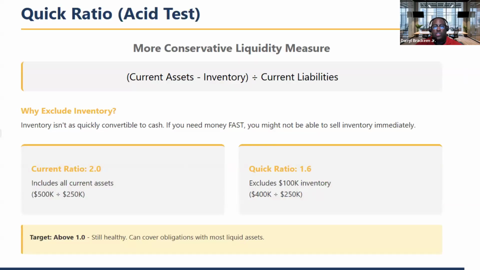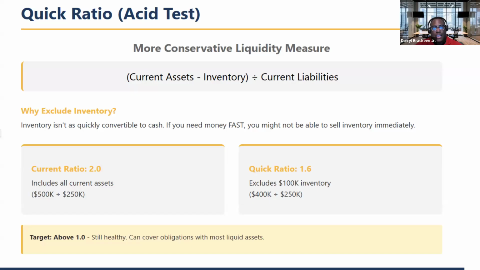If we look at the quick ratio, which is also what we call an asset test, a more conservative liquidity measure, the formula would be current assets minus inventory, then you divide it by the current liabilities, right? Inventory isn't as quickly convertible to cash, and that's the issue.